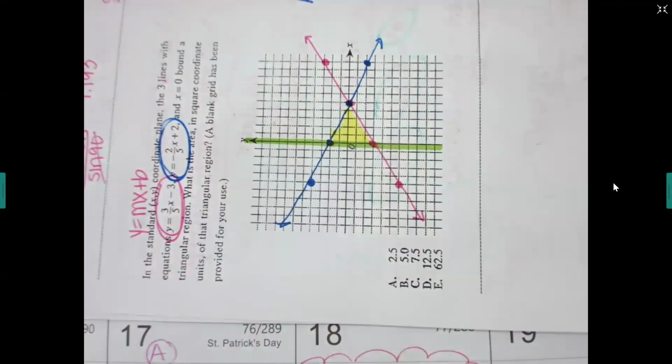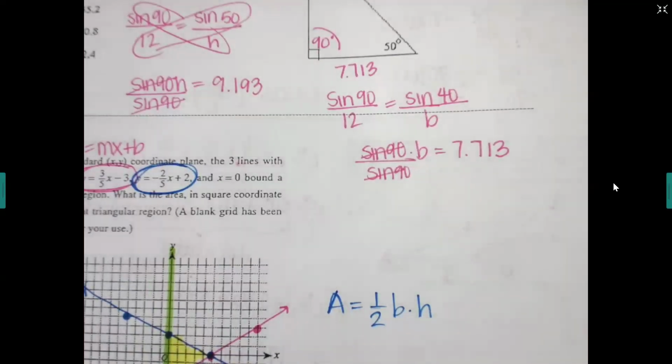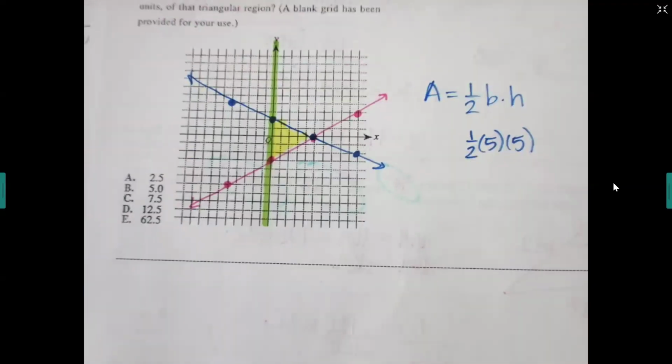See how it's 5 across? 1, 2, 3, 4, 5. And then 5 tall. So then you can do 1/2 times 5 times 5. You can change your triangle to be facing whatever way you want to make it easiest on you. And then you can use your calculator to get the decimal there.